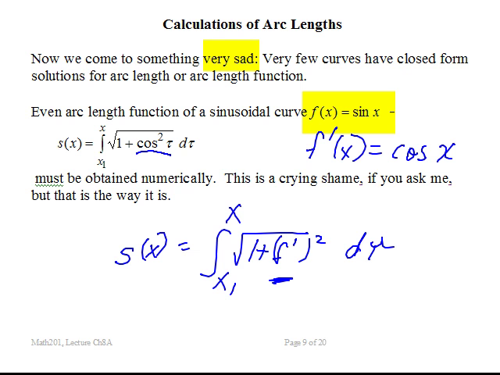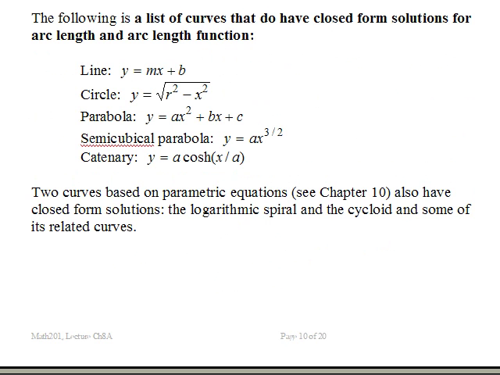There are a few curves that do have closed form solutions, and I've listed them on the next slide. Okay, so the line, a circle, and a parabola all have closed form solutions for the arc length. There's another function, the semicubical parabola, which is y, or f of x, equals a x raised to the 3/2 power.